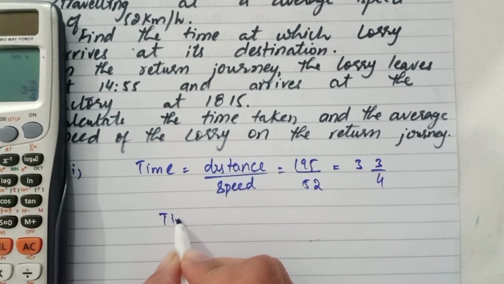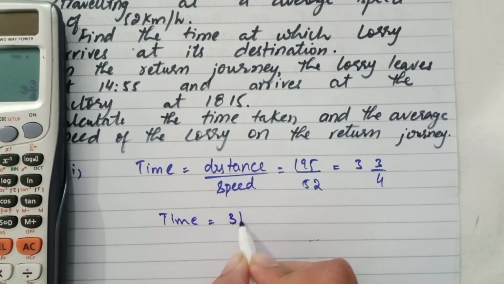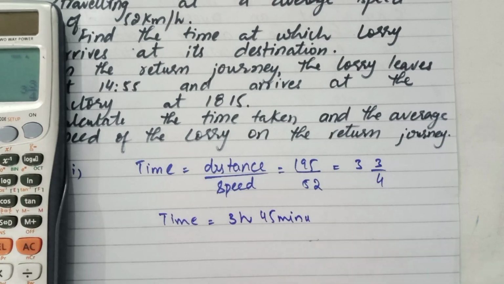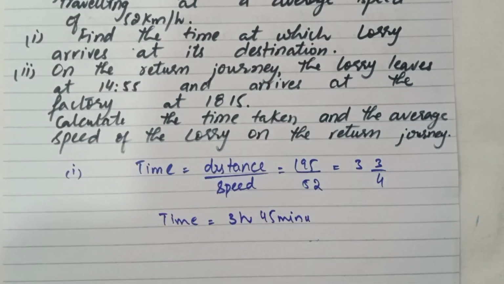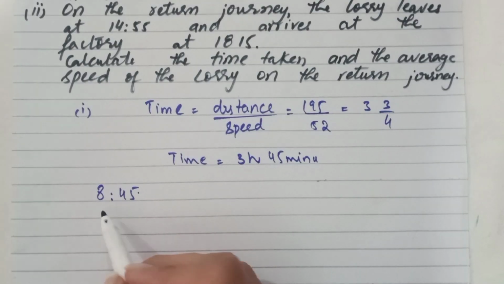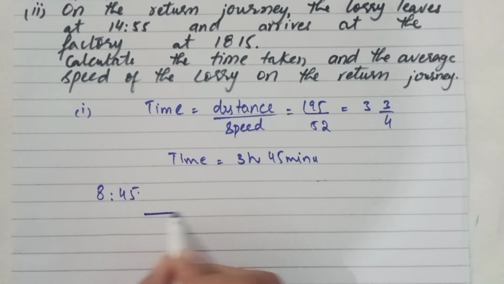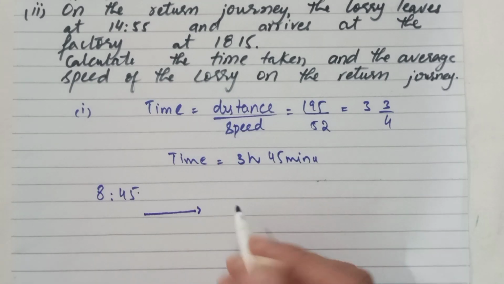It means the time is 3 hours and 45 minutes. The time is 8:45. We have to move 3 hours forward: 8, 9, 10, 11.